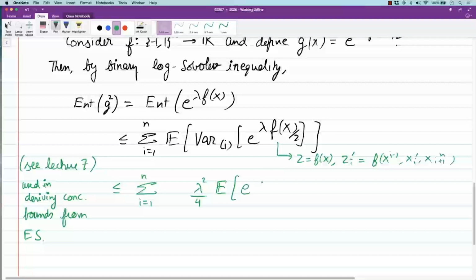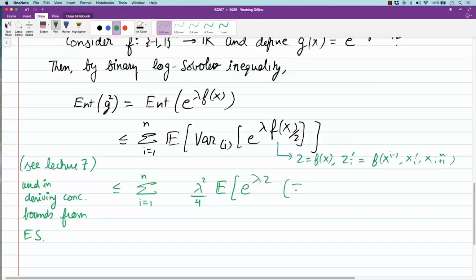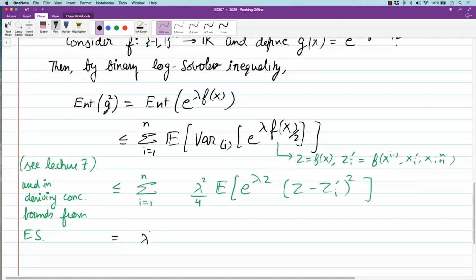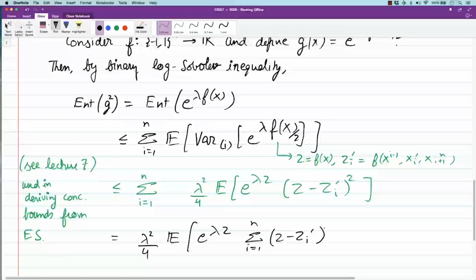So what we get is e to the power lambda z times the square of the positive part of z minus zi prime. There would have been a factor of half here. This is just a Taylor series approximation bound, but very nice. So we get lambda square by 4 times the expected value of e to the power lambda z times the summation over i equal to 1 to n of z minus zi prime square.